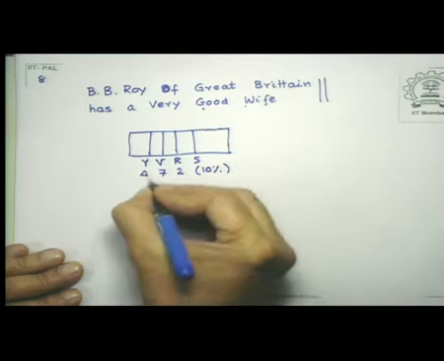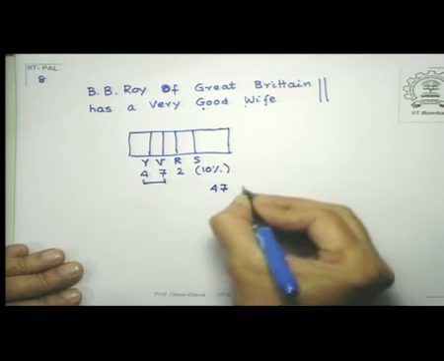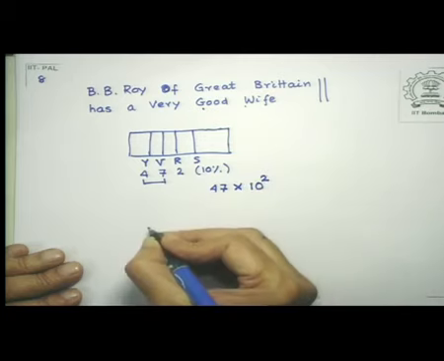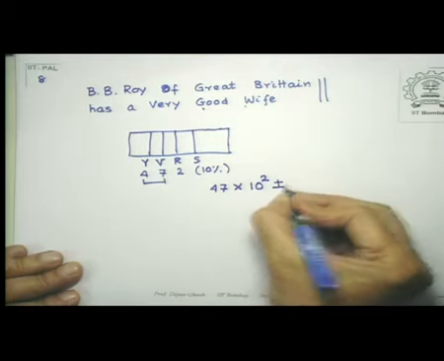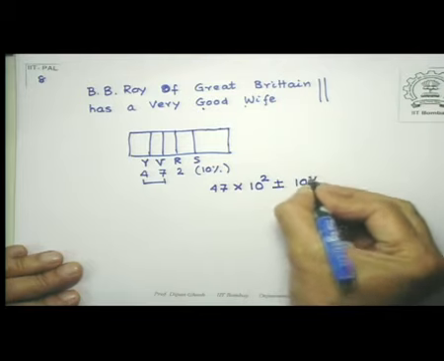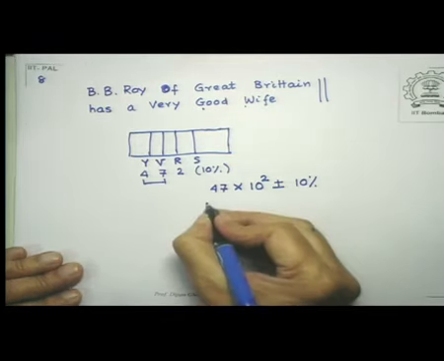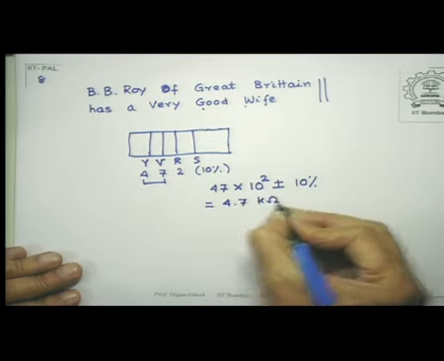So what it says is this: the first two bands represent 47. The third one represents 10 to the power 2. So 47 into 10 to the power 2, plus or minus 10%. This is what is meant by tolerance. So this is nothing but 4.7 kilo ohms plus or minus 10%.